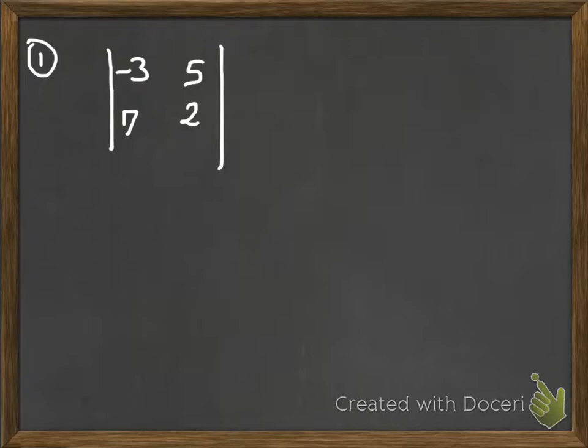When it is a 2 by 2, it is very simple. And when I'm talking, you always start from the left-hand column. So my down diagonal would be that negative 3 times 2, and my up diagonal would be the 7 times 5.